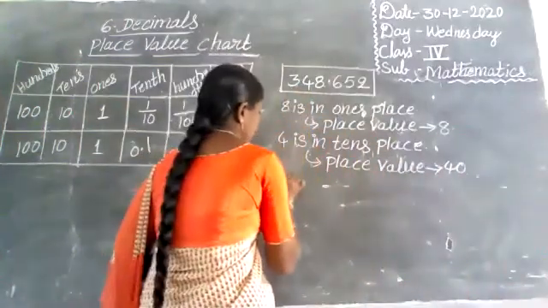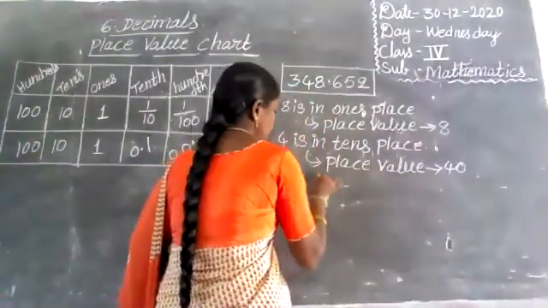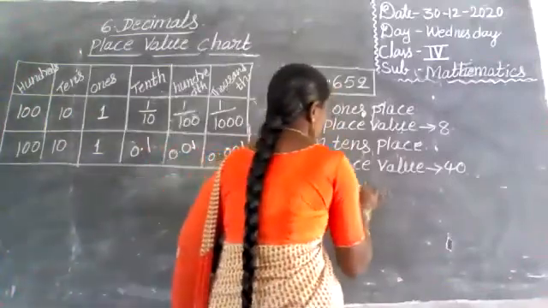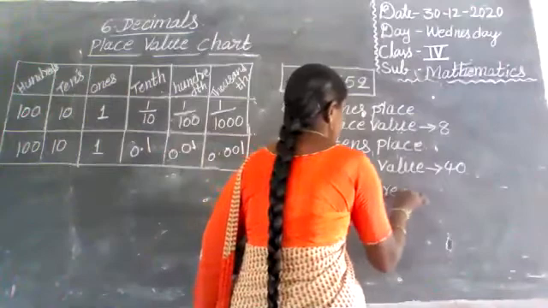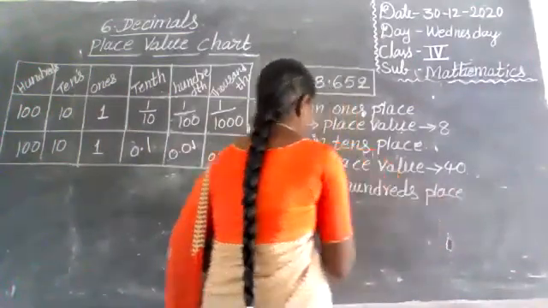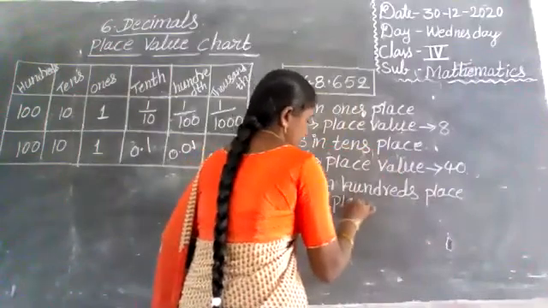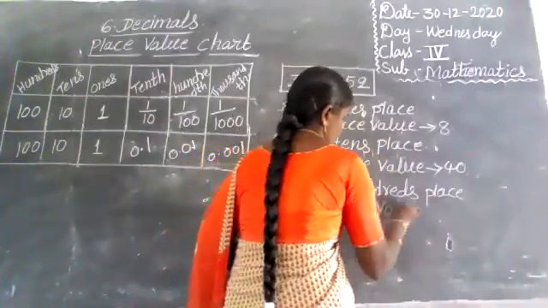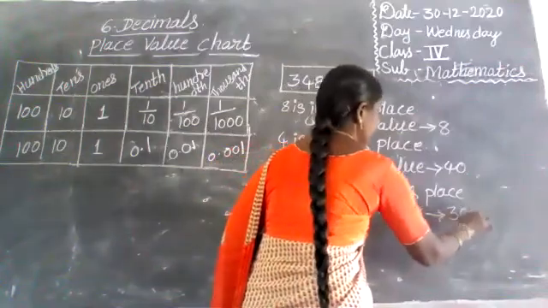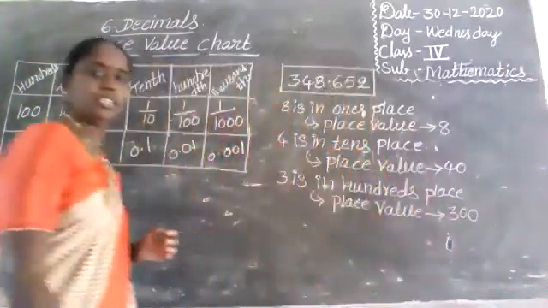Next, 3 is in the hundreds place, so the place value is 300. Okay.